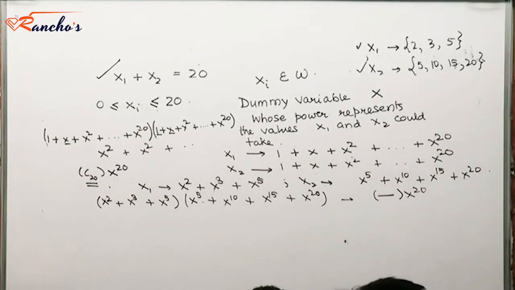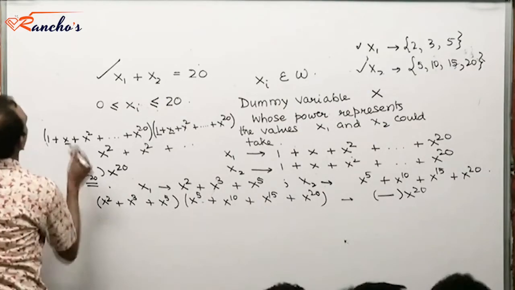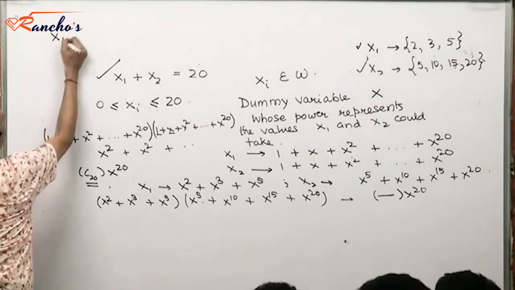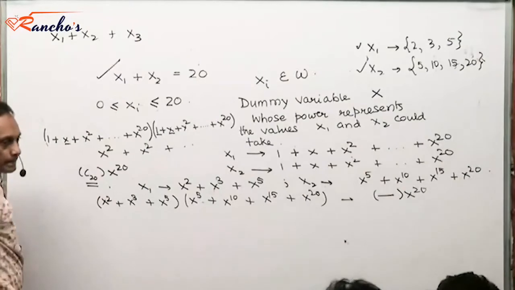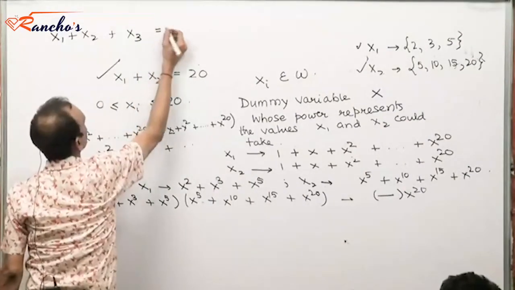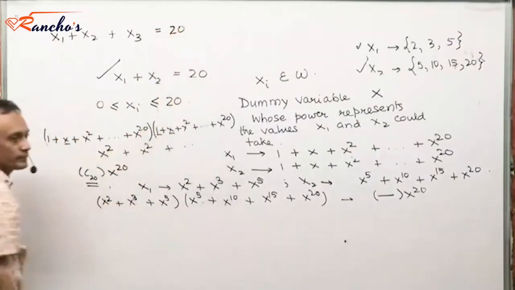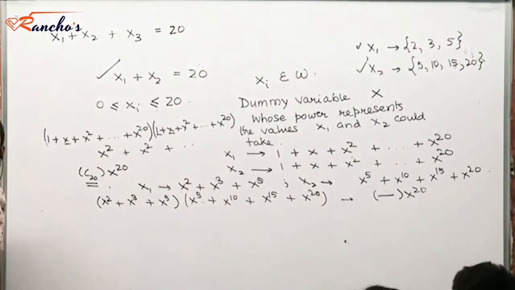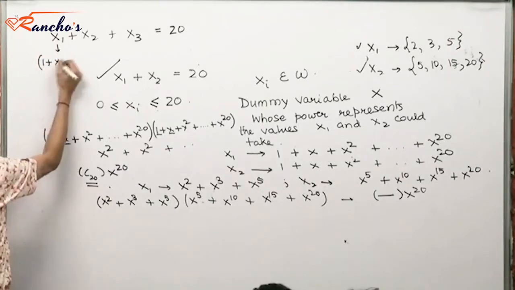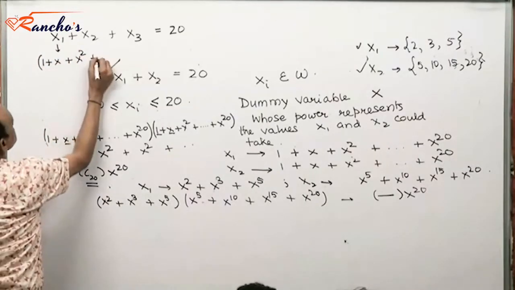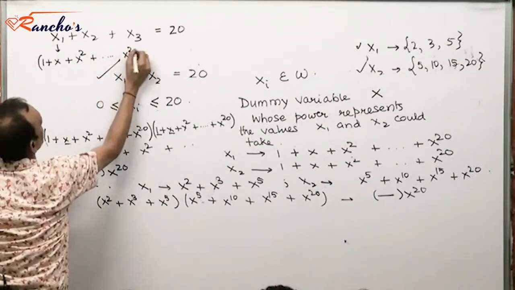No, that will not work. So if I had, say, x1 plus x2 plus x3 adding up to, say, 20, where the xi's are whole numbers, then for x1 I'll construct a polynomial 1 plus x squared plus etc. up to x power 20.